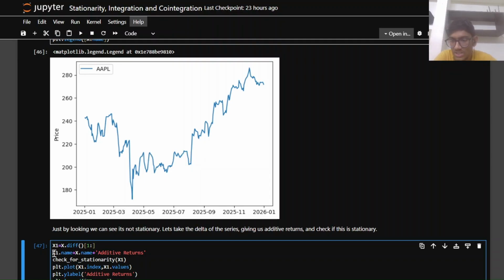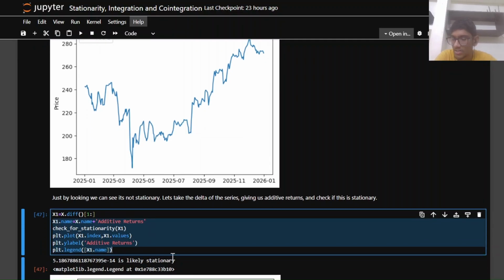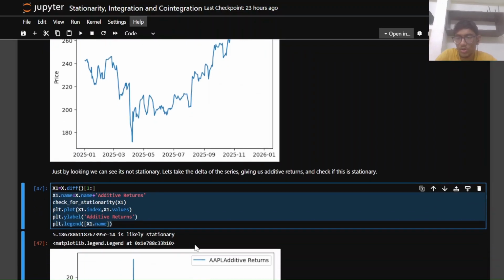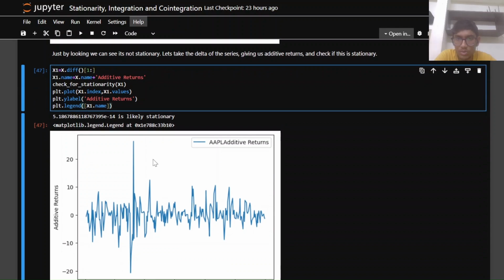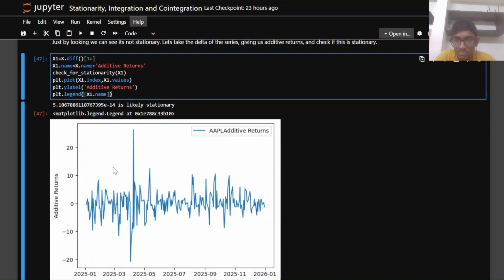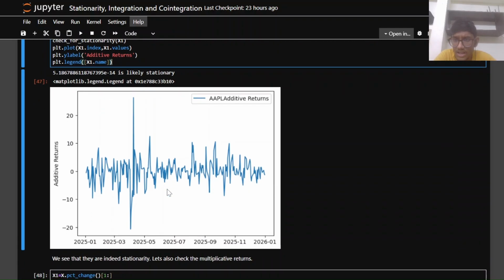And this piece of code is just making my plot more legible. And when you plot the delta of the series, you get this random noise which clearly looks stationary, and that is what your test tells you as well. It gives you a p-value of 5.2 times 10 to the power minus 4, which tells me that it is likely stationary.